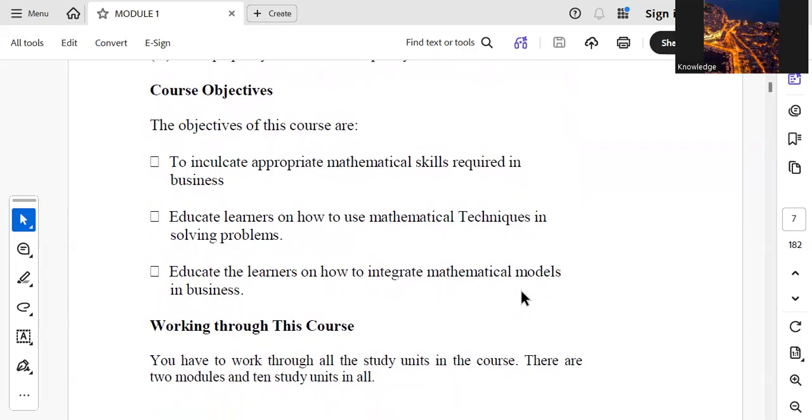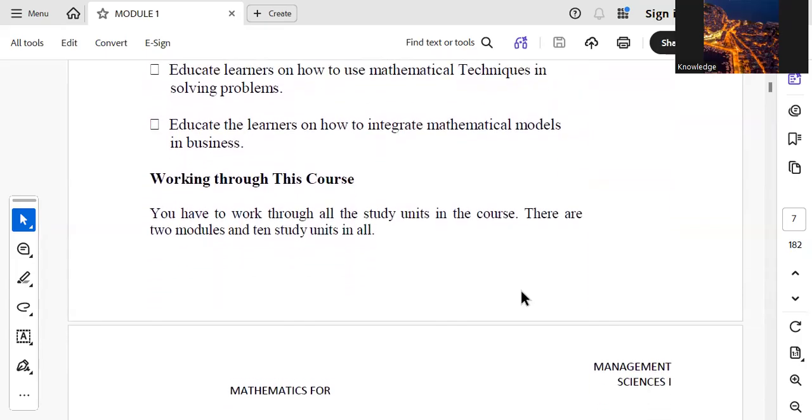That means at the end of this course, you should be able to apply mathematical skills to solving business problems. It also educates learners on how to use mathematical techniques in solving problems. You will learn these techniques and be able to use them. It's also going to educate you on how to integrate mathematical models in business.